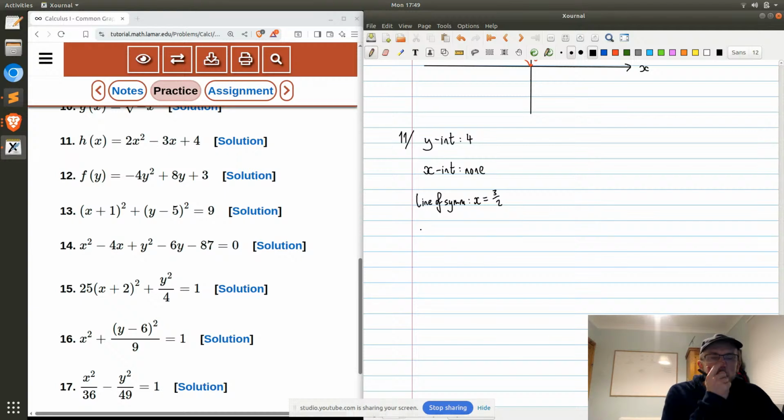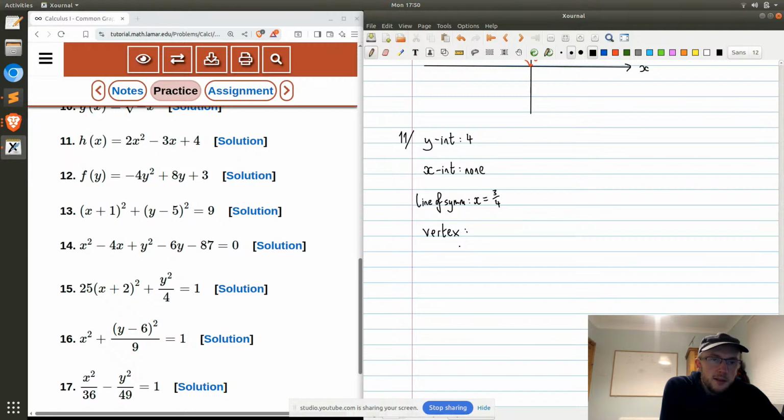Oh no. It's this nonsense again. Do you know what it is? I keep forgetting to double the a. 3/4. Now really try. Vertex. 3/4 squared is 9/16. So 18/16.